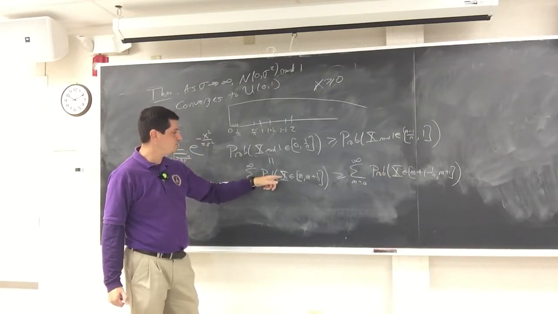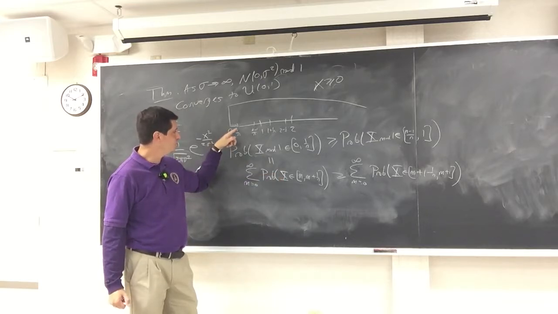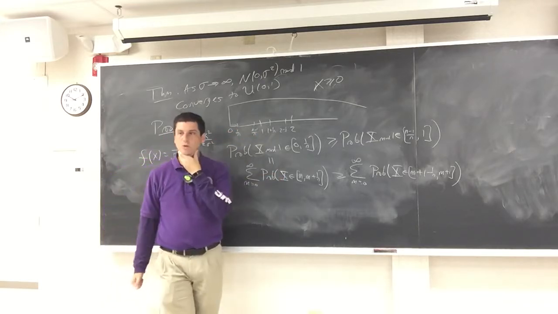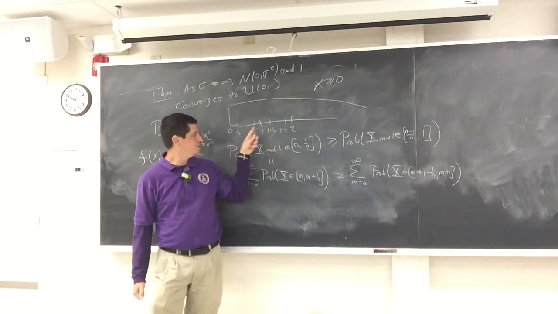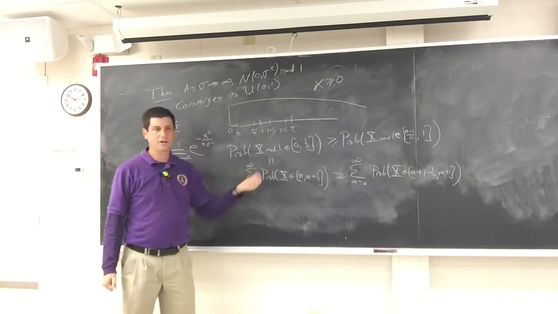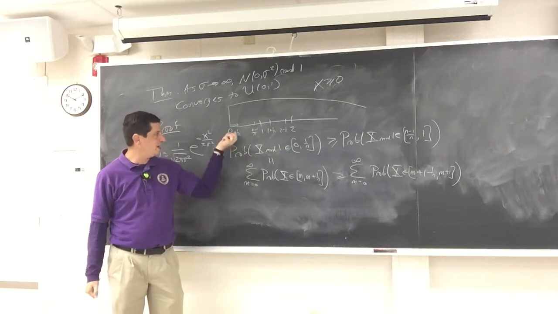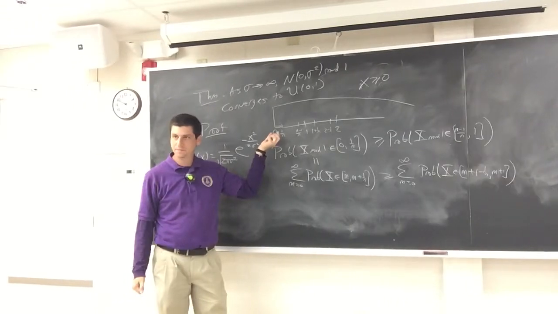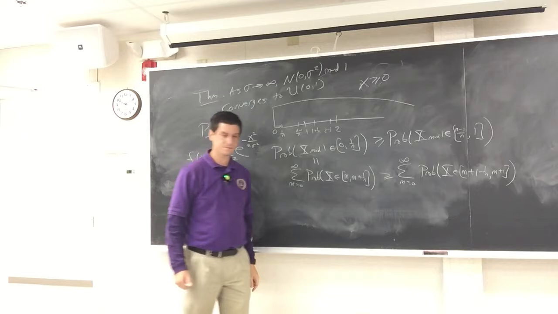If I just add the probability from 0 to 1 over n, then I would win, and I can just do comparisons. Because this beats this, this beats the next one, this beats the next one, and this is just left over. So if I add this probability, then it will beat this.